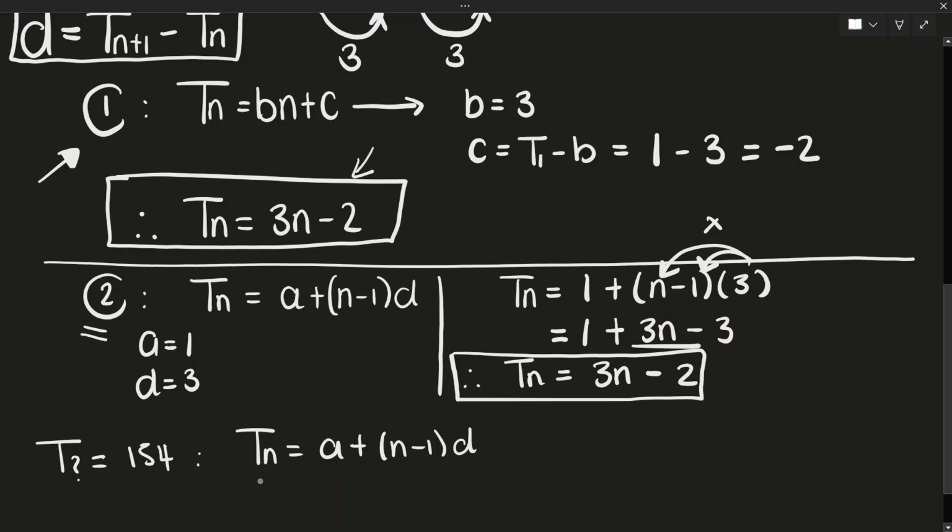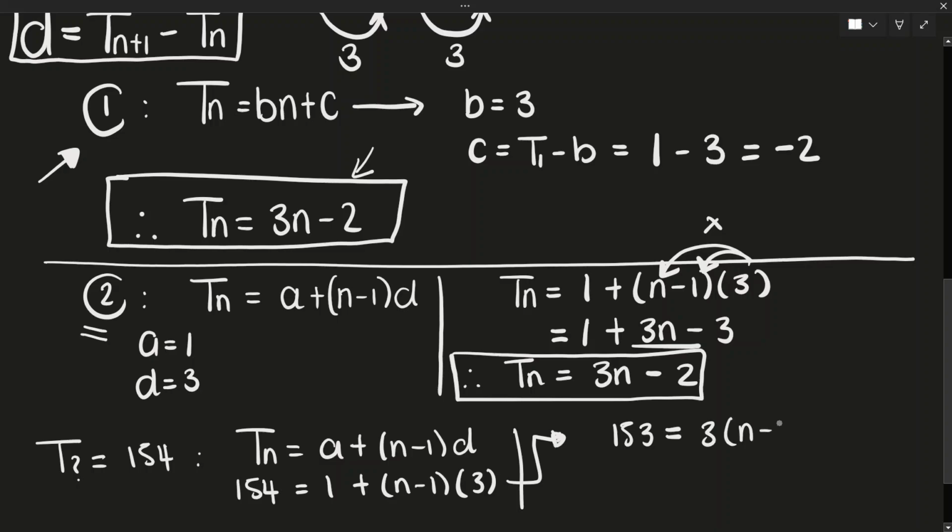So you'll just now substitute 154 is equal to 1 plus n minus 1 times 3. You substitute it, you continue it, where now you get 153 is equal to 3 times n minus 1.